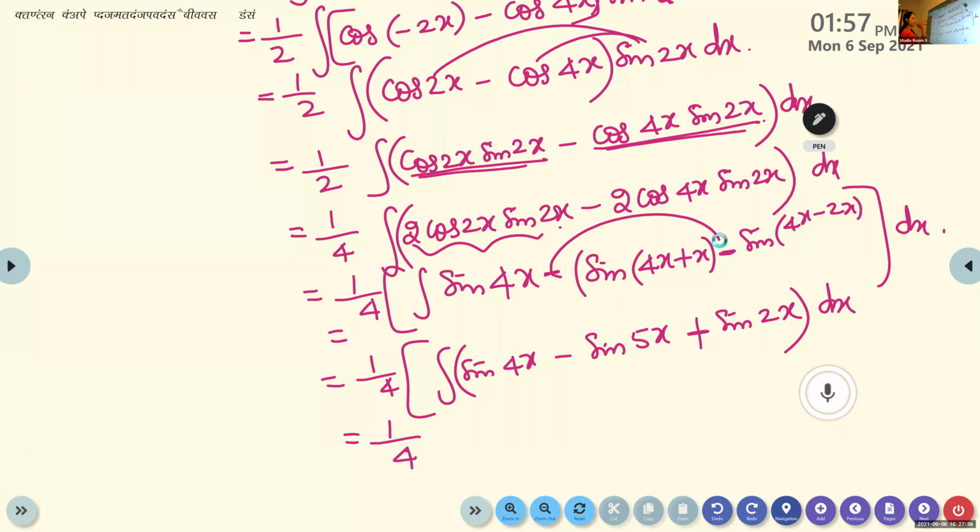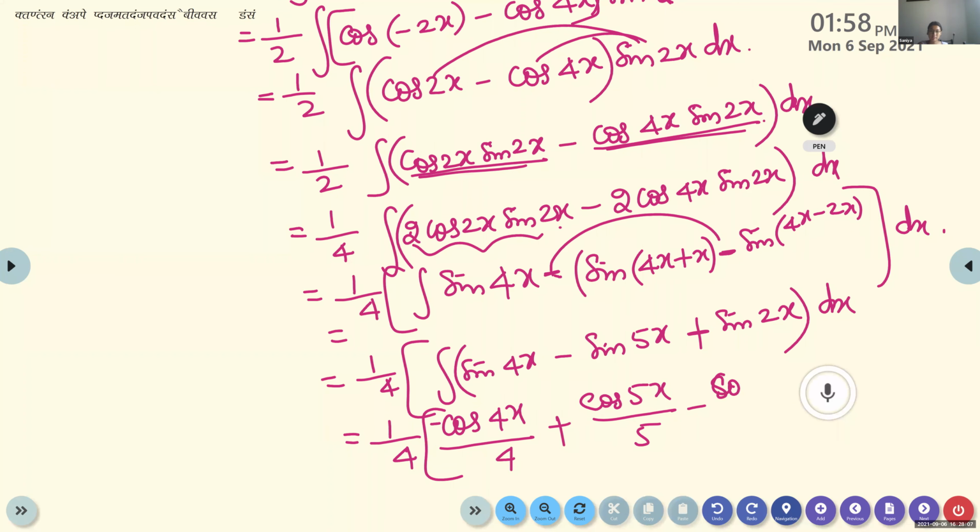So the integral of sin 4x is minus cos 4x by 4, minus, here it will become cos 5x by 5. Already one minus is there, so it will become plus, minus cos 2x by 2.